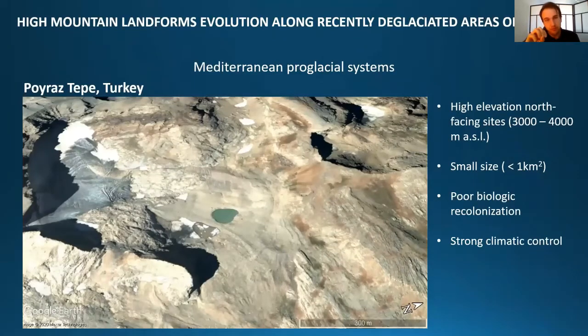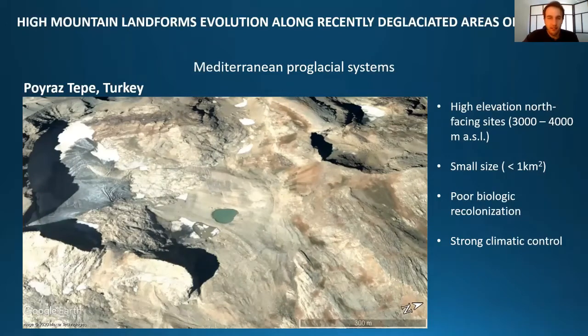With these many situations, I will show that the Mediterranean glacial systems are very different from the Alpine ones. In fact, they are located in high elevation sites, more than 300 meters above sea level, reaching up to 4,000 meters above sea level.